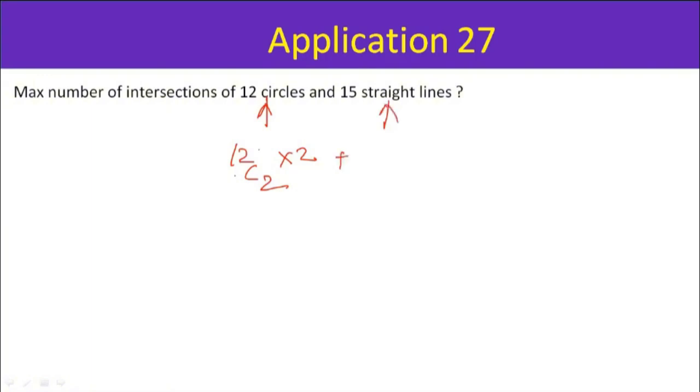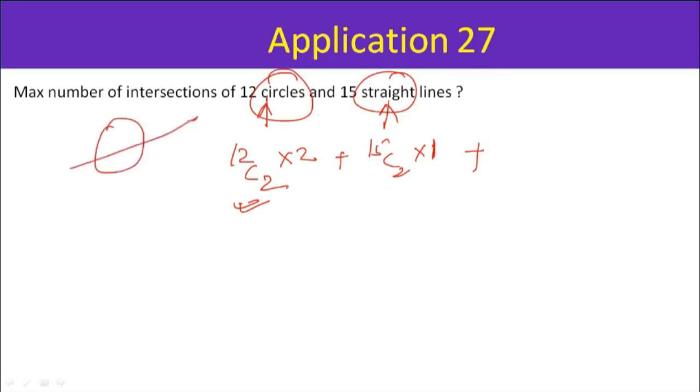So number of intersection points within circles, 12C2 into 2, plus number of intersection points within lines, 15C2 into 1, plus either it could be two circles, or two straight lines, or it could be one circle as well as one straight line. Which means, in how many ways can you select one circle? 12C1 into 15C1 into 2. You solve all of it, I think you'll get the answer as 597 or something.